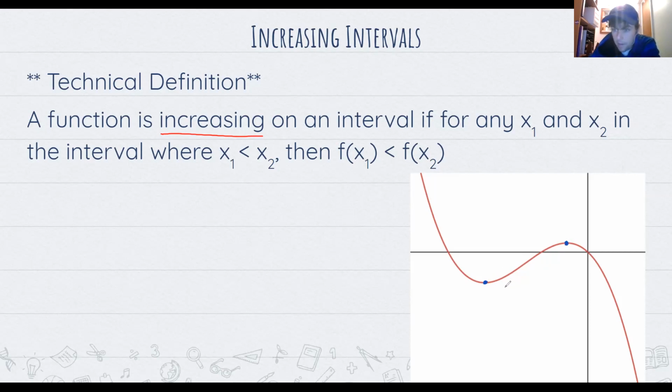In this gap, this is where it is increasing. We start down low, we're moving to the right, and we're going up. So in general, this function is decreasing, then increasing, then decreasing again. But really all we're worried about here is this one increasing interval.